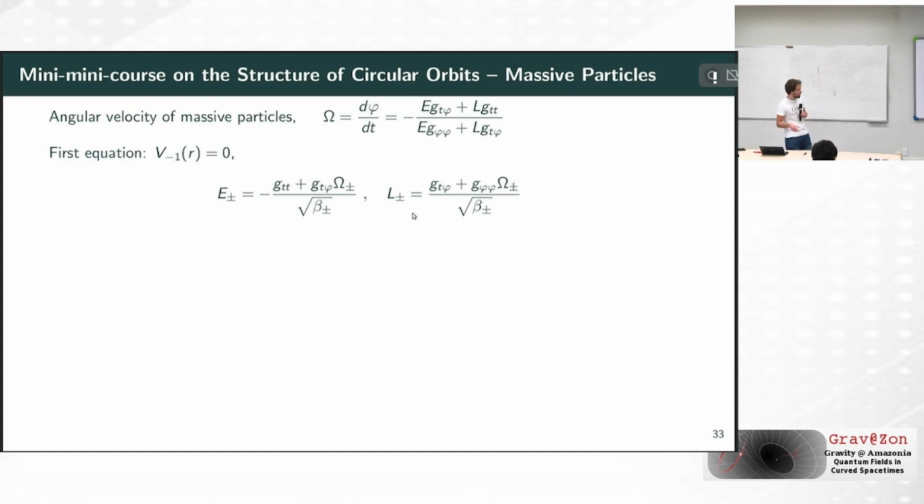This will be written, however, in terms of the metric functions, the angular velocity, and this beta function here. Just to give you some quick intuition why this beta function appears here, it is associated with the type of orbits that you can find. If this beta is positive, then you have time-like circular orbits.